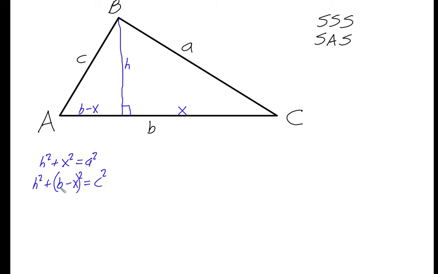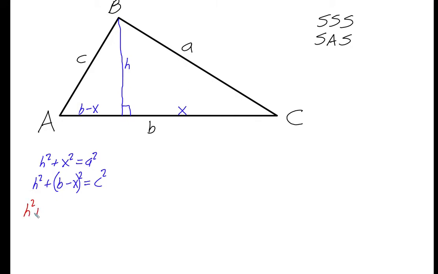Before we move on, I'd like to get rid of the parentheses on this. An easy mistake to make, it's so tempting, is to say that (b minus x) quantity squared is the same thing as b squared minus x squared, but that's not the case. If you multiply the two binomials, b minus x times b minus x, there are extra terms in the middle.